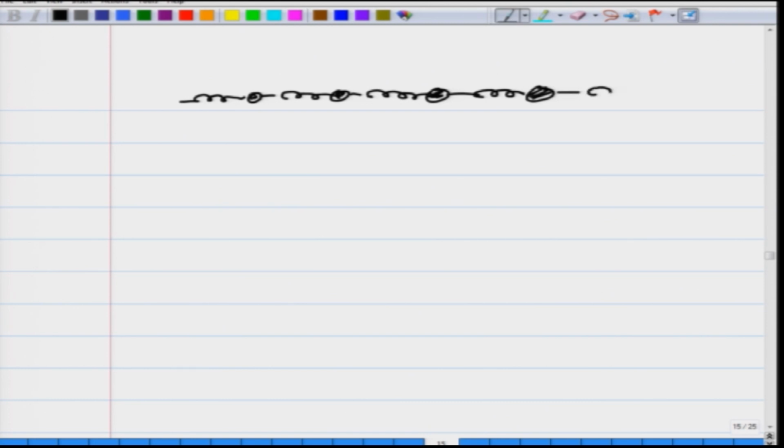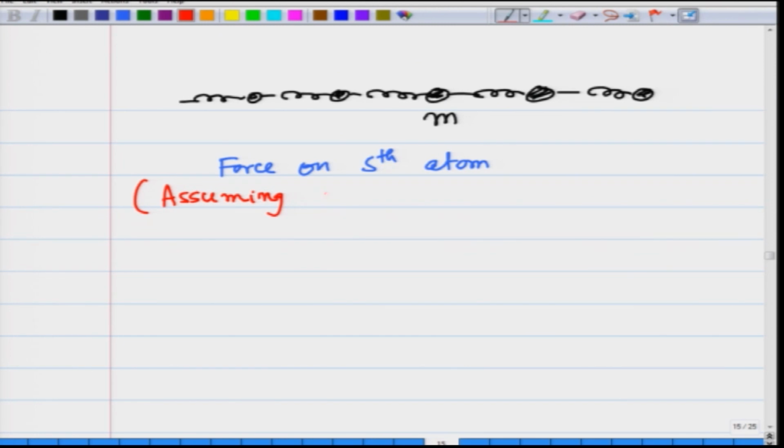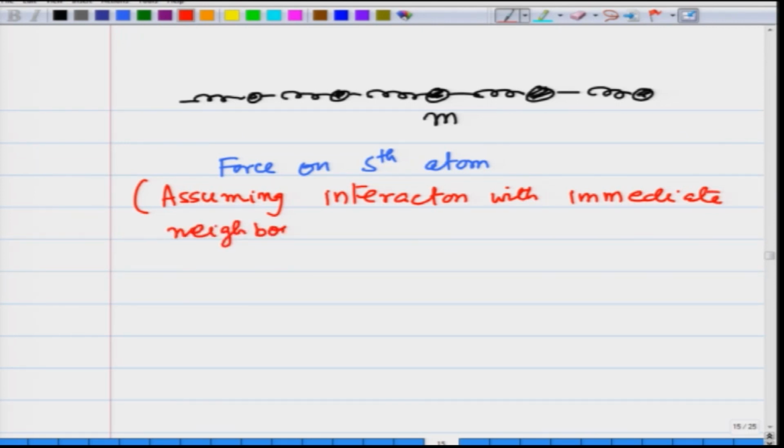We have this one dimensional crystal with each atom with mass m, and we have found that the force on the sth atom, and let me write it again, assuming interaction with immediate neighboring atoms and a spring like force.